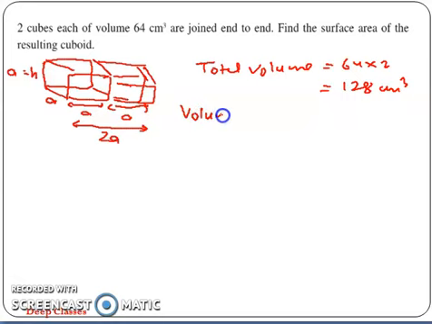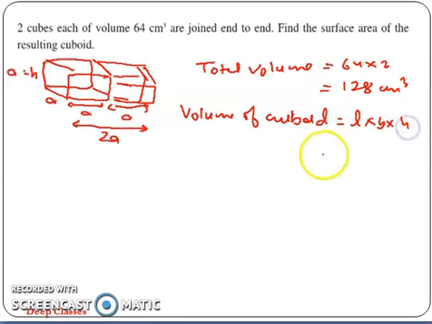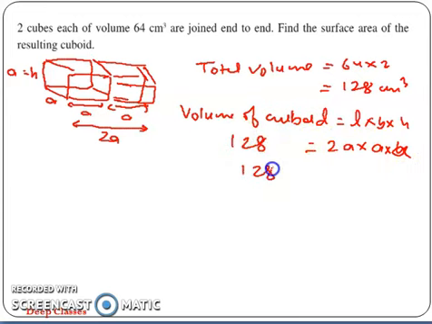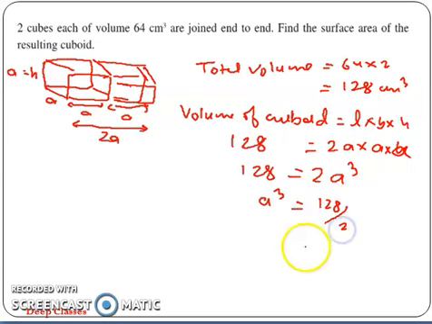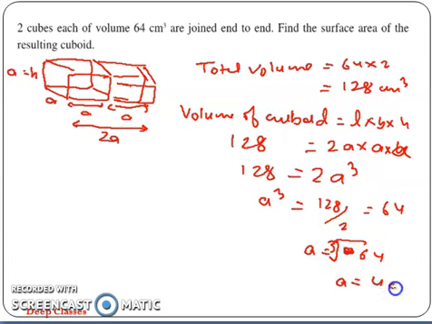So the volume of cuboid is equal to L into B into H. In this case length is 2A, B is A, and H is also A. So 128 is equal to 2 into A cube. So A cube is equal to 128 upon 2, so 64. So A is equal to the cube root of 64, and the answer is 4 centimeter.